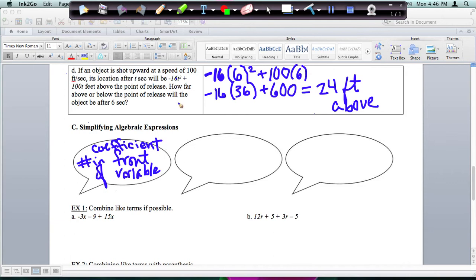Okay, the other thing is when we're simplifying, we can only combine like terms. And what we mean by like terms is the variables have to be exactly the same with the same exponents. So we're just going to say same variables with same exponents.